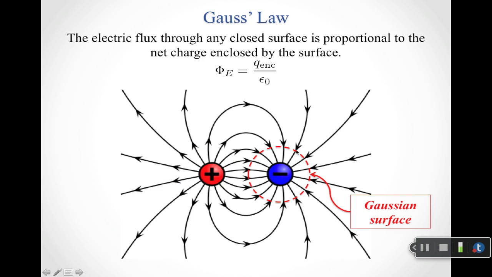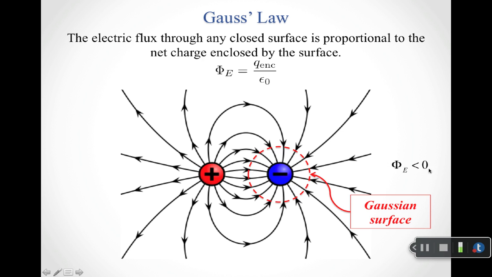Well, what if I switch and put my Gaussian surface over here? So again, I've got my dipole. Here I've got my negative charge that I've enclosed in my Gaussian surface. And so now what I notice is all my field lines are entering the surface rather than leaving it. So this is a situation where the electric flux is actually going to be negative. The charge that I enclose here has a negative value, so my electric flux is going to have some negative number divided by epsilon naught.